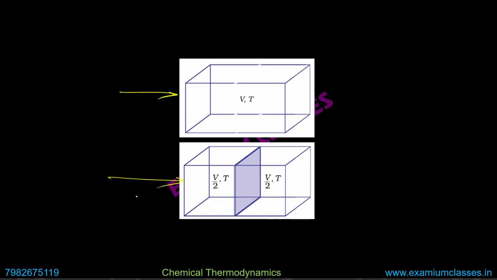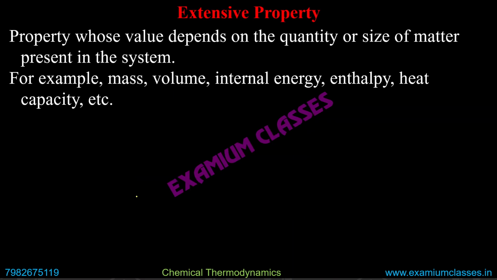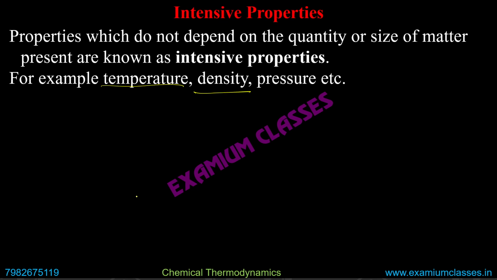It will not depend on how big or small it is. Similarly, temperature will remain the same. Pressure will also not change, it will be 1 atm everywhere. So pressure is also an intensive property. Temperature, density, pressure, these are intensive properties.